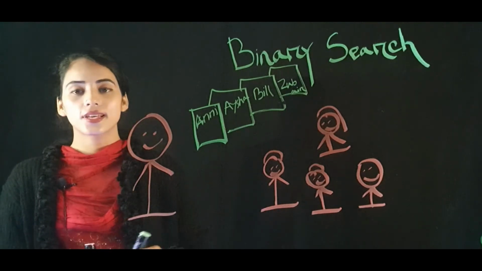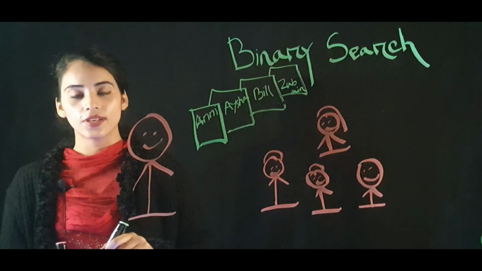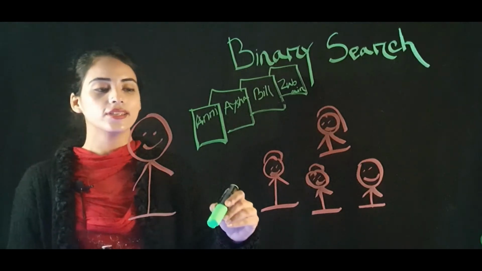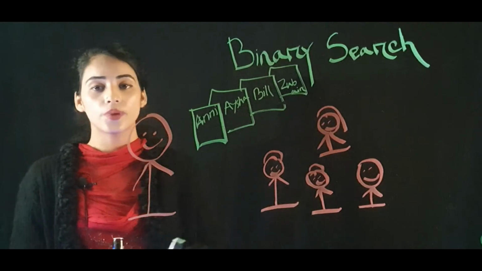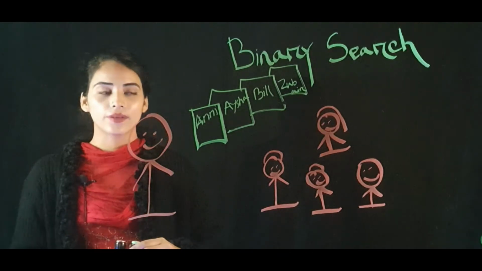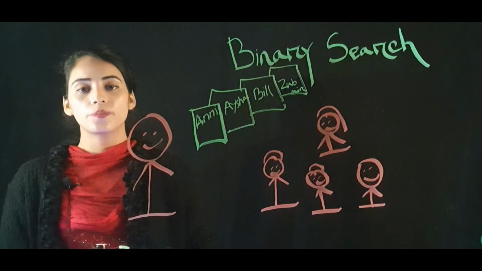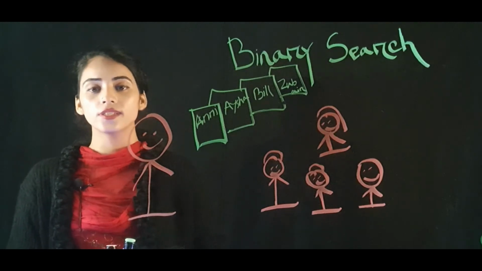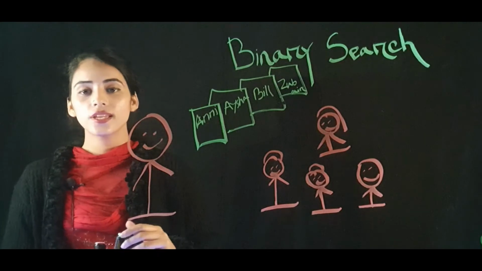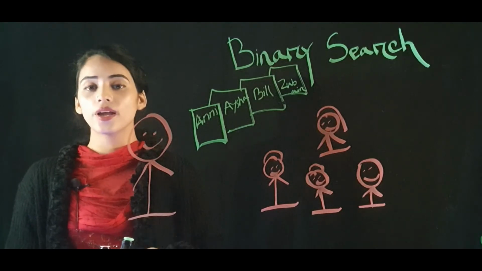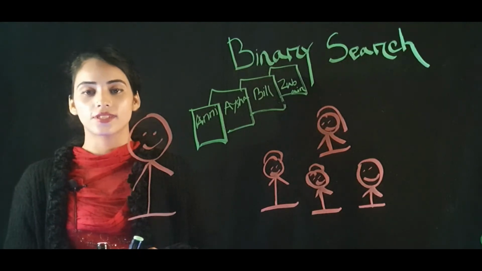So you basically avoid the first stack of the paper now, and then you go for the next stack. In that stack of the paper, you choose the midpoint, where you get the name Sarah. So then you say to yourself, does Zubair come before Sarah or after Sarah?